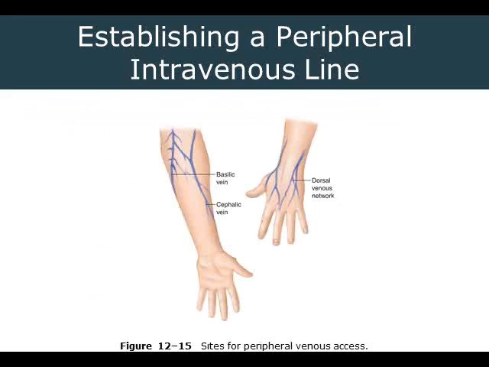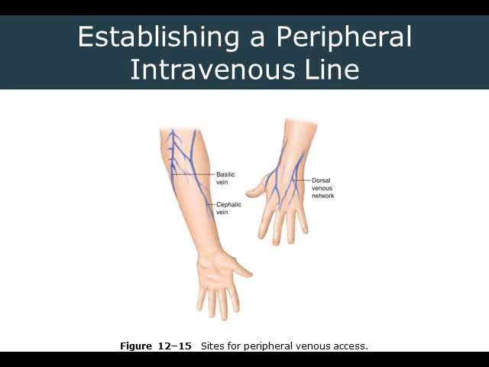So we're going to also talk about sites for peripheral venous access. In most cases, we're going to deal with arm and hand veins. These are peripheral veins. Anything that's on the trunk itself is not a peripheral vein, so it's not typically something that you're going to be able to do. There's a few veins up around the bend of your elbow, which is called the antecubital fossa. Most people have 3 veins that run through there.